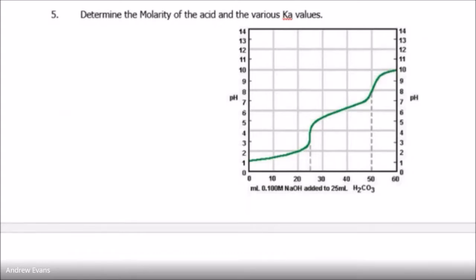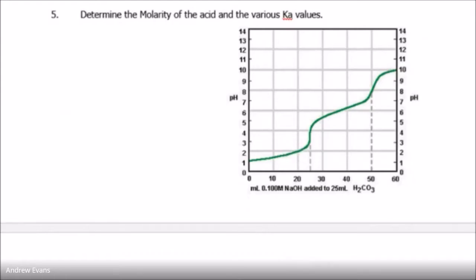The amount of acid, 25 mils. It's carbonic acid, diprotic. Now, the volume you need for the equivalence point is 25 and 50. 25 gets it to the first equivalence point.